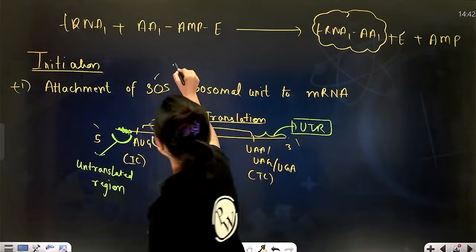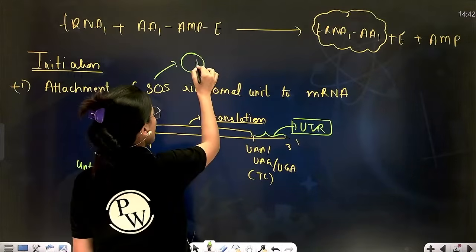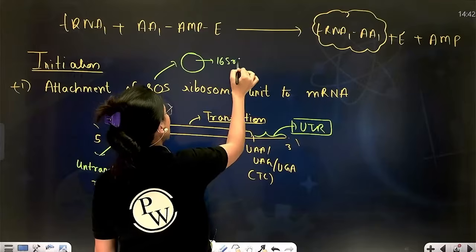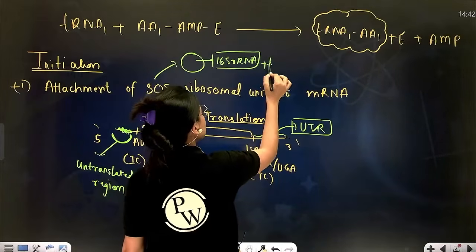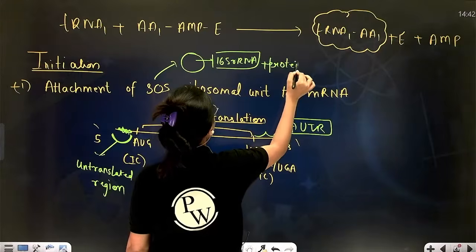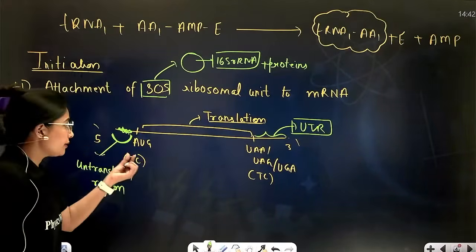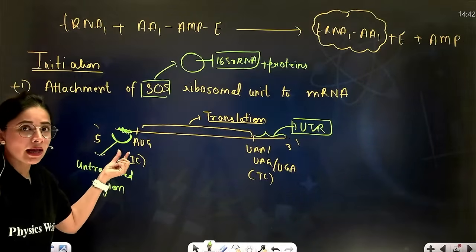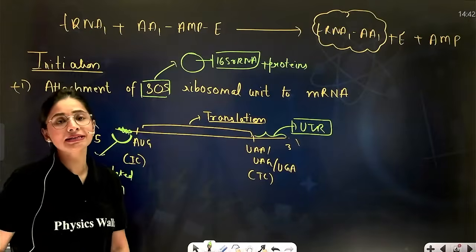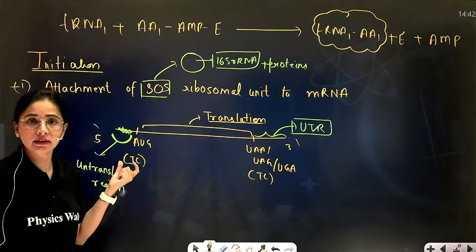Now beta, 30S is the smaller subunit of 70S, which is made up of 16S rRNA and some proteins. Right? Now this 16S rRNA of the 30S subunit reads the Shine-Dalgarno sequences. Why? Because the sequence of 16S rRNA is complementary to the Shine-Dalgarno sequence.